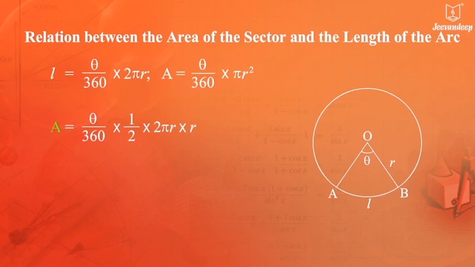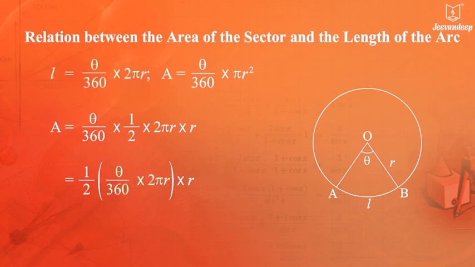A equals theta upon 360 multiplied by half into 2 pi r into r, or half of theta upon 360 multiplied by 2 pi r into r, as theta upon 360 multiplied by 2 pi r equals the length of arc.